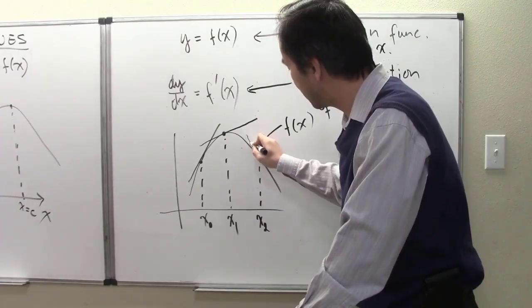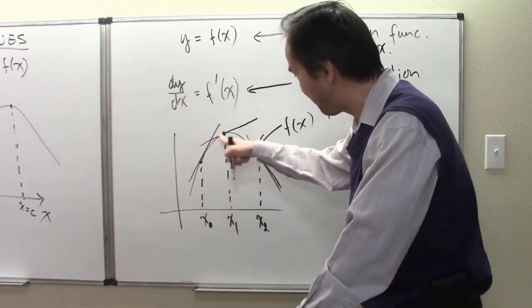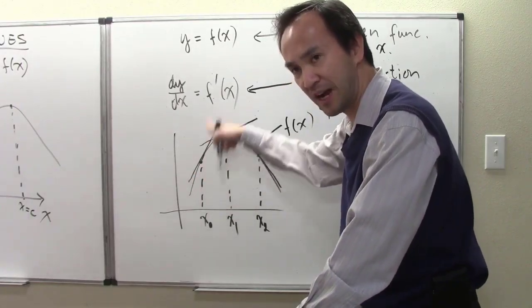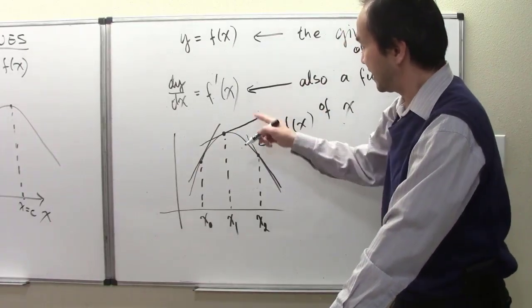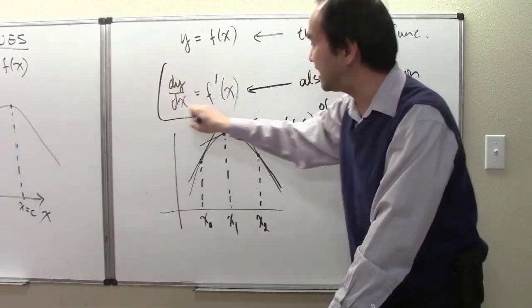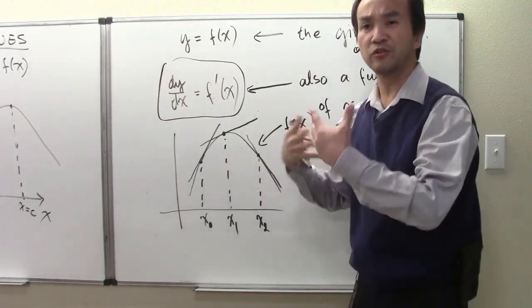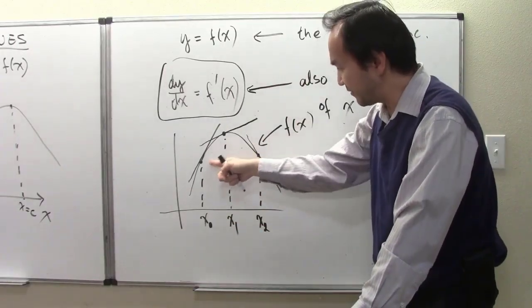See? It's all about the tangent line, but as we switch on the same function f of x to different x values, the slope value of the tangent line changes. And that's the reason why we came up with the idea of f prime of x being the general formula, some kind of general rule to determine the slope of the tangent line at any given x value.